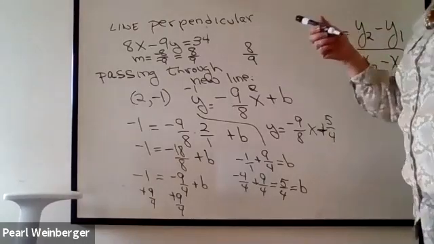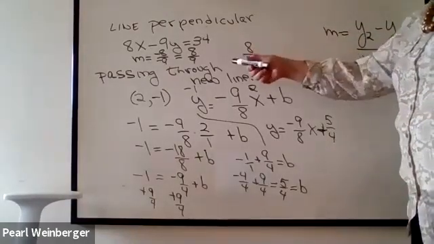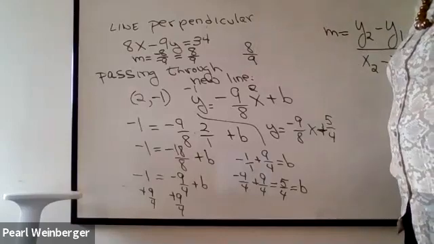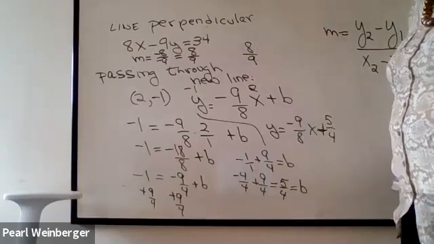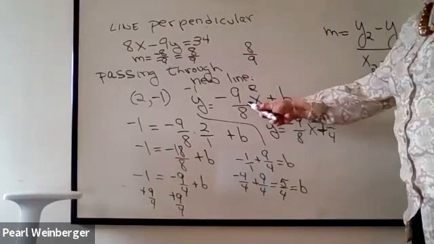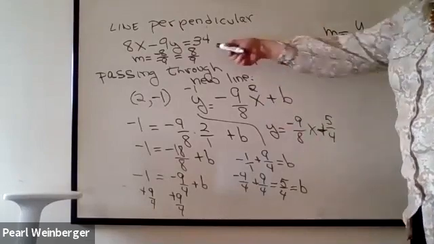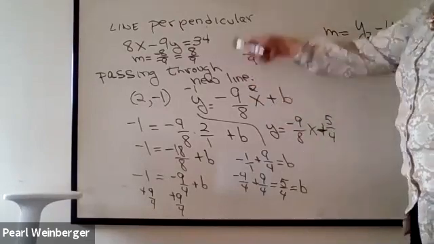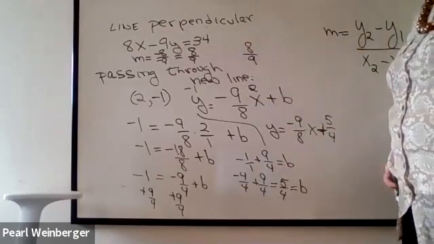So depending on the information they give you, if they tell you about parallel, you know it's going to have the same slope. If they tell you about perpendicular, it means you've got to take the original slope, flip it over, and change its sign.